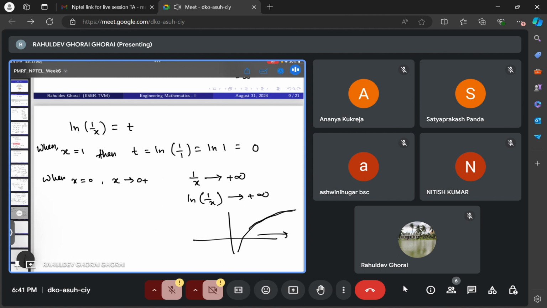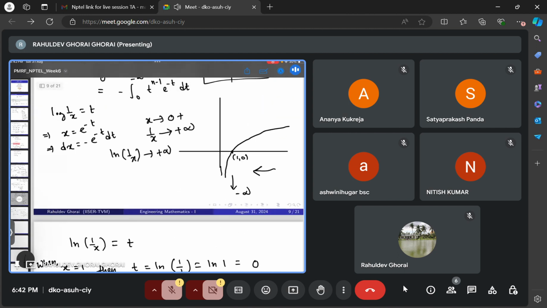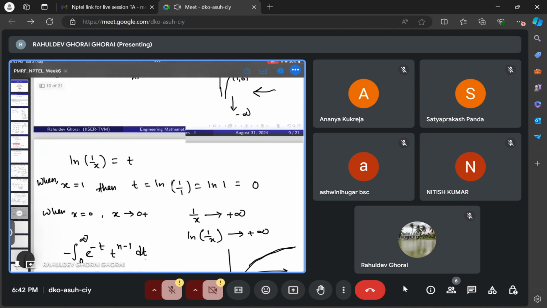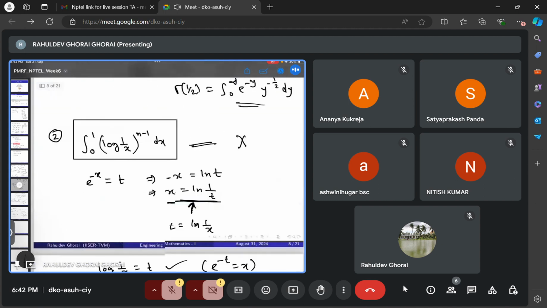So that's why you can write it as the integral from 0 to infinity of e to the power minus t times t to the power n minus 1 dt, negative of that, right? Because we assumed x equals e to the power minus t, then dx will be minus e to the power minus t dt. If you put all these things, the value you get will be negative of gamma n. So this is done then.